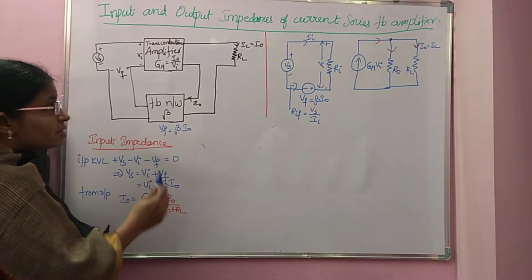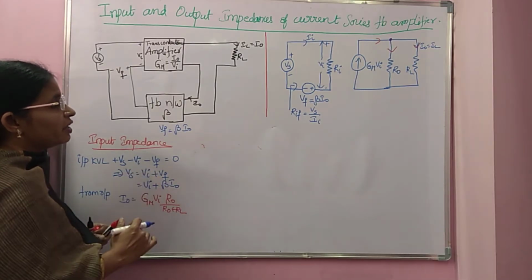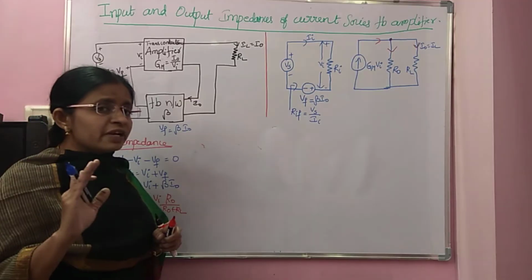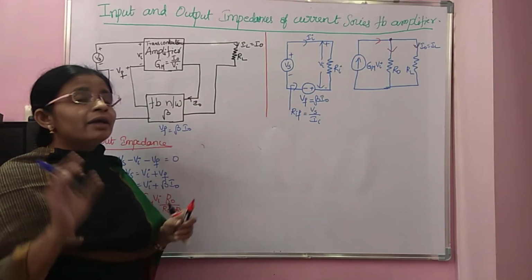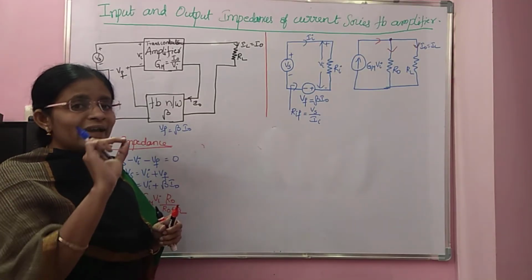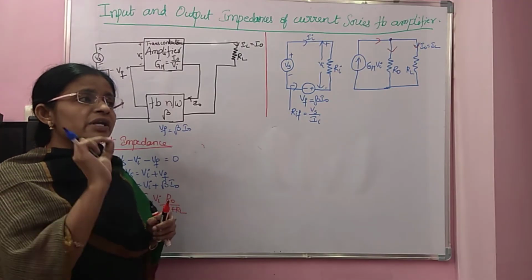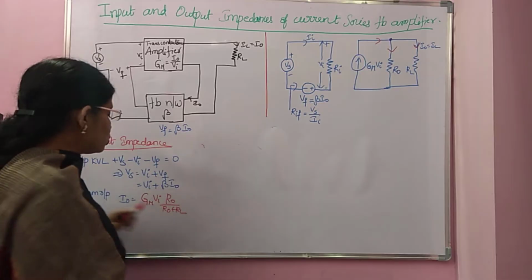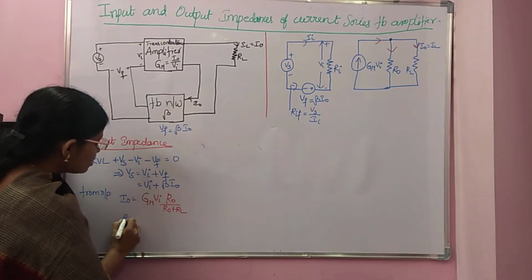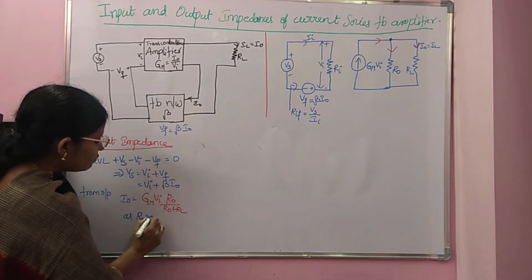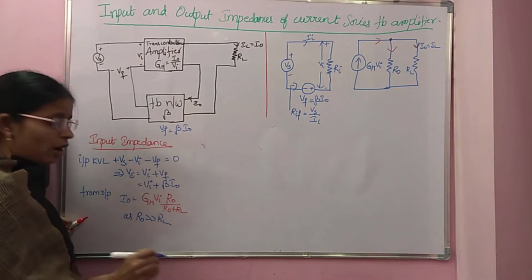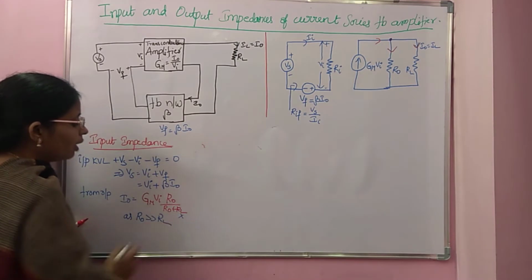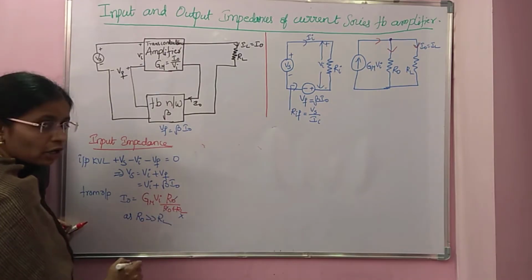Now, see this. This is a trans-conductance amplifier. In the previous videos, I already explained the code. What is that code? HH means input resistance is high and output resistance is also high. So if you take R0 as far greater than RL, you can neglect RL compared to R0. Then you can cancel R0, R0.